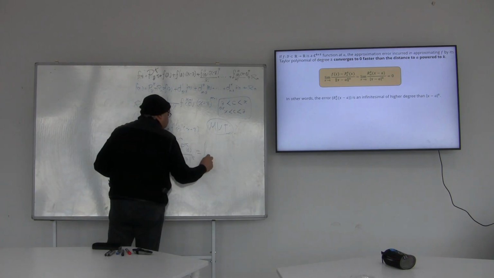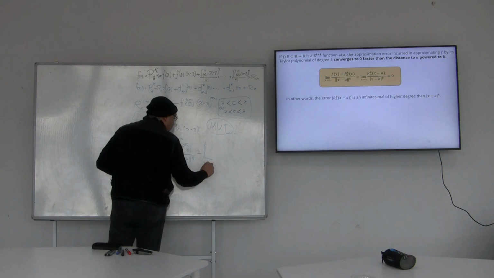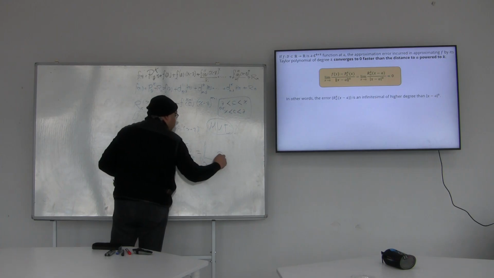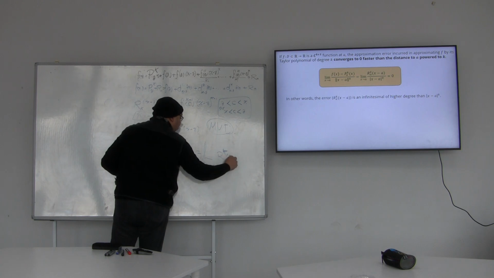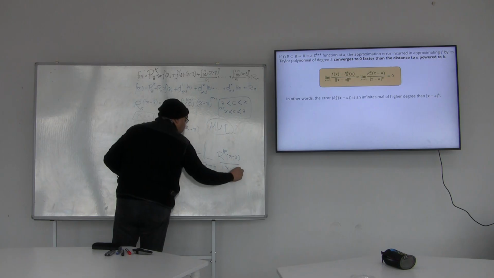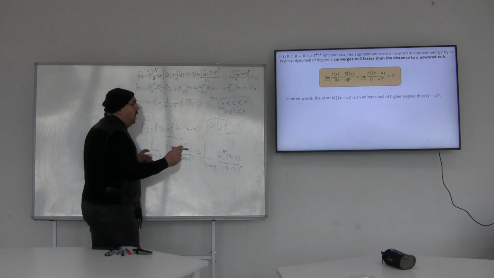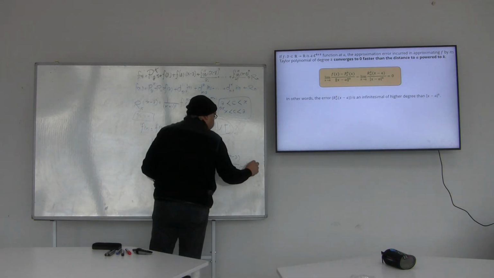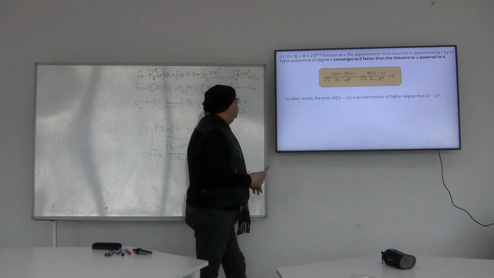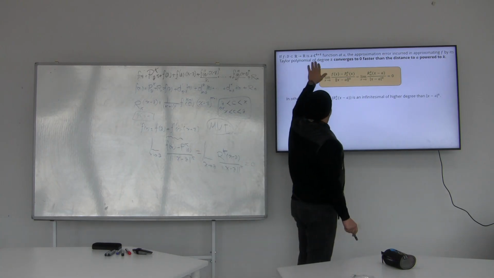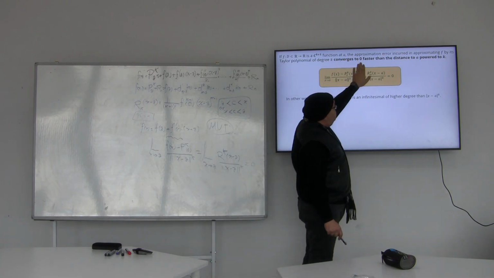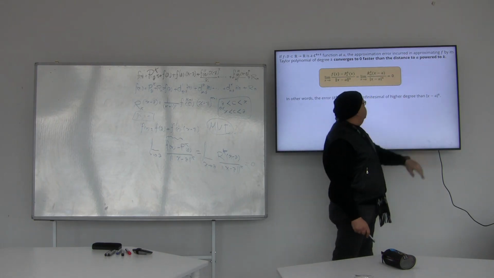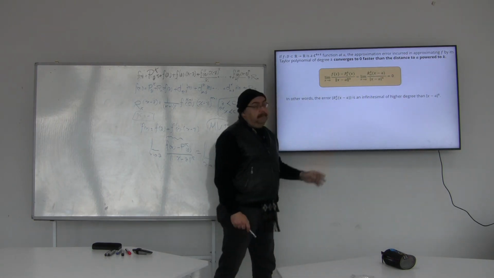So it's exactly either this form or the limit as x tends to a of Rk of x, divided by (x minus a) to the power of k. Either of those, the result will equal 0. So that means that the Taylor polynomial error of degree k converges to 0 faster than the distance to a to the power of k. And that's a proof for this.